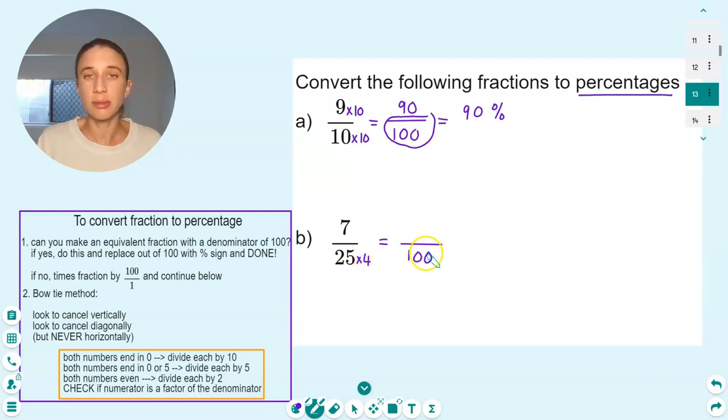That's just something to memorize. 25 times 4 is 100, and what you do to the denominator, you must do to the numerator. So 7 times 4 is 28, and the question's asking to express it as a percentage, 28%, since out of 100 means percent.